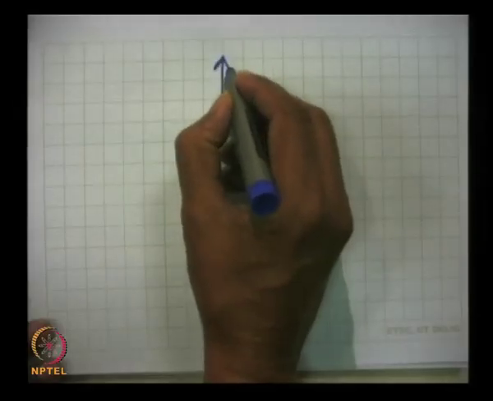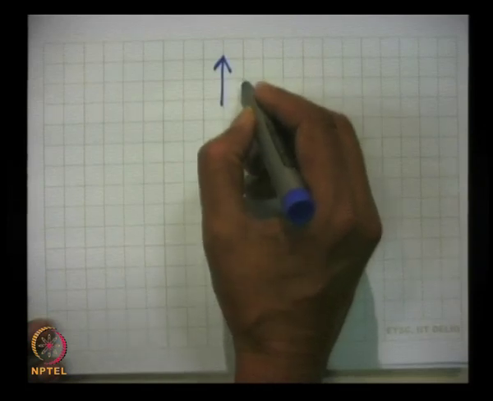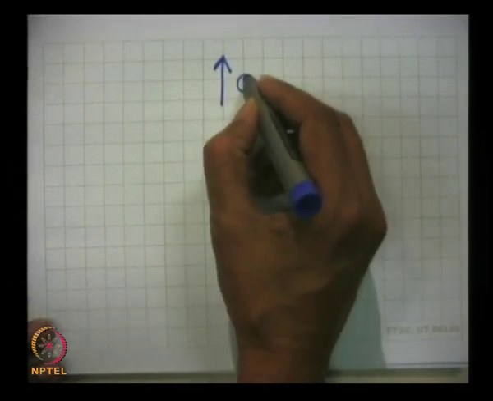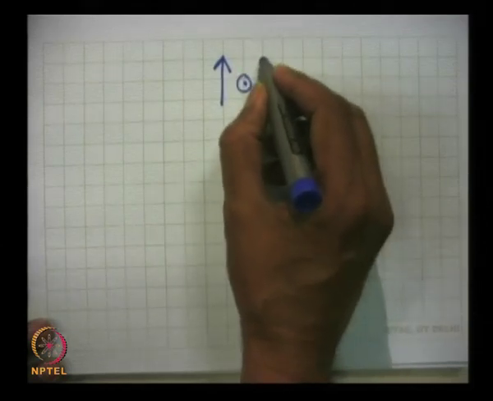Well, let me revisit a few things. We considered the propagation of an electron beam in a Wiggler magnetic field, and a Wiggler magnetic field had lines of force like this. This was vertical magnetic line of force. This is perpendicular to the plane of the paper. This is downwards.